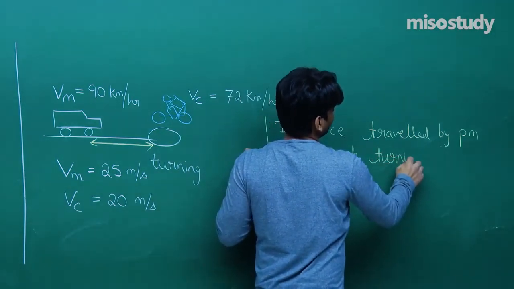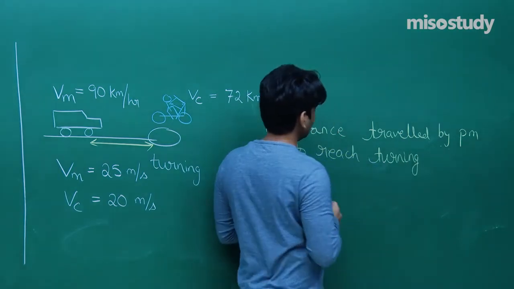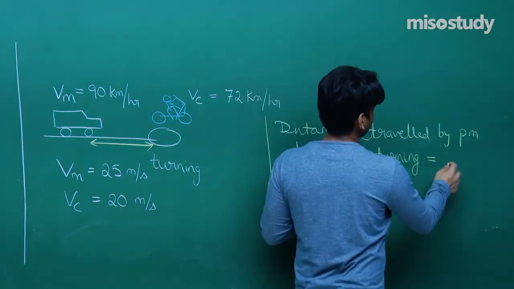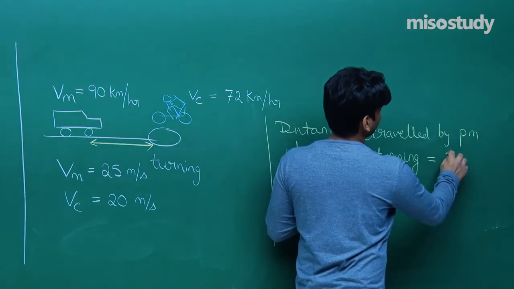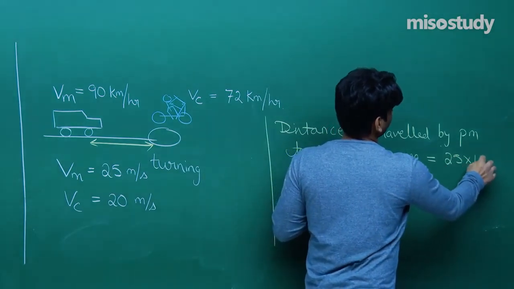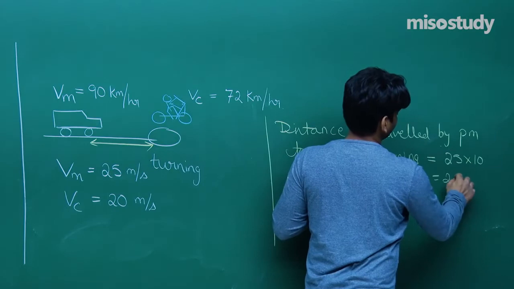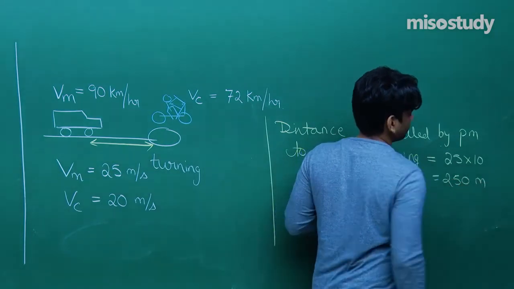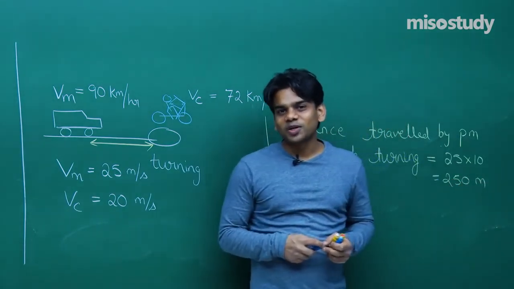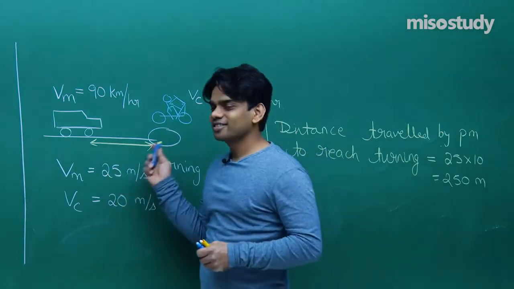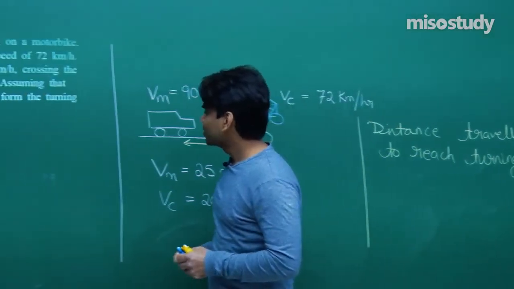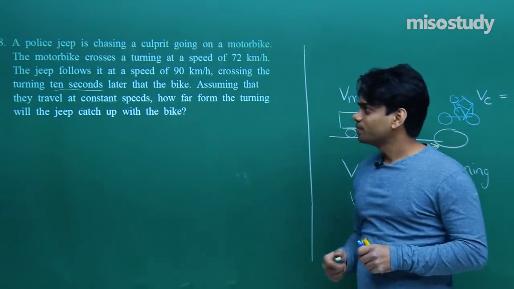That is one thing we can draw from this. So I can mark this as 25 into 10, that is 250 meter. Speed into time will give the distance because the policeman is only traveling, so that will come out to be 250 meter.